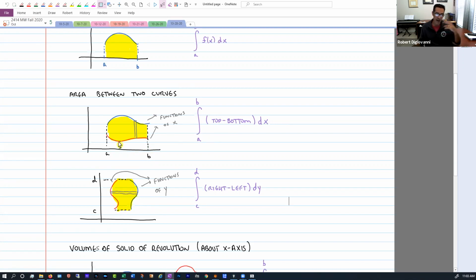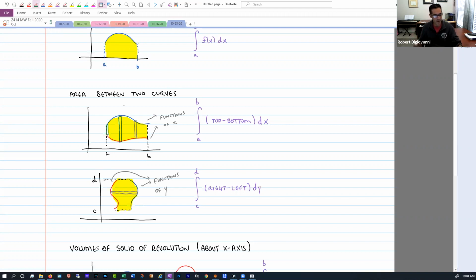And that's something that I haven't pointed out to you, but I'm going to point out for what we're going to be doing later. When we're talking about this arbitrary rectangle in here, remember we start at the very left end at a, and the integral is adding them up as we move that rectangle across the region all the way until we get to b.